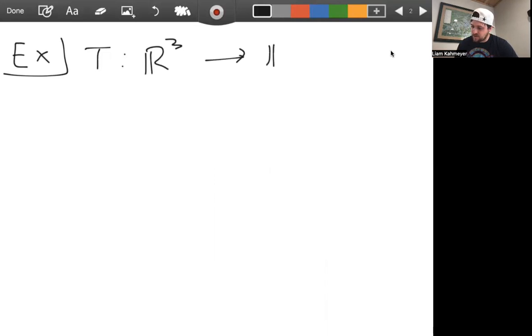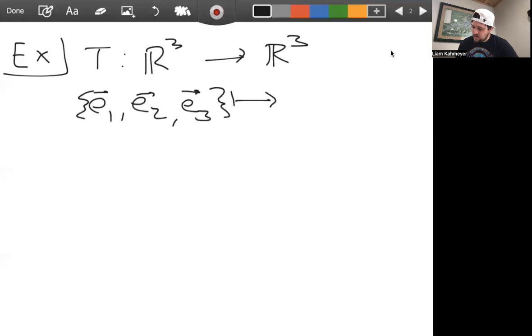Let's do an example when T is a map from R3 to R3. Let's say that E1, E2, and E3 are mapped to some other basis, V1, V2, V3, like this.